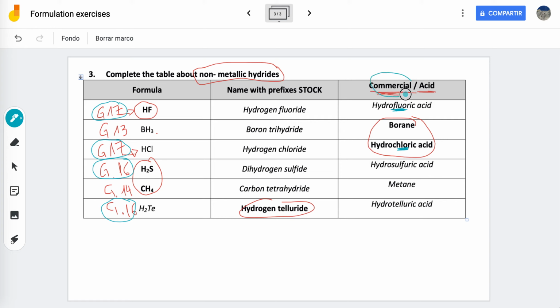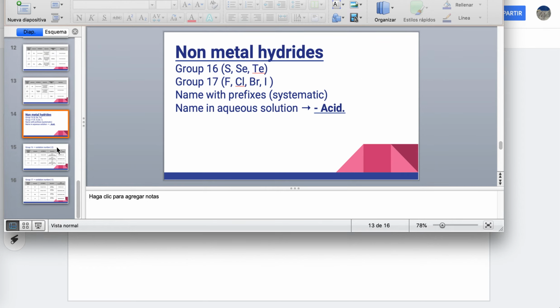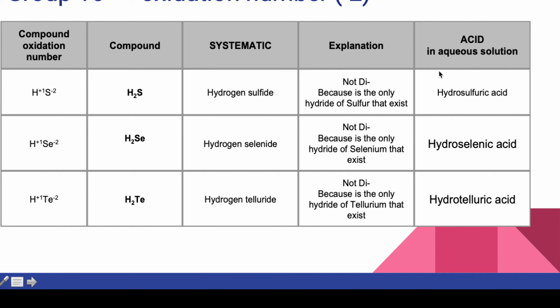The commercial ones are borane and methane. I will remind you with the PowerPoint presentation. Here we have the acids. Do you remember? I'm sure you remember. We have acid, acid, and acid.